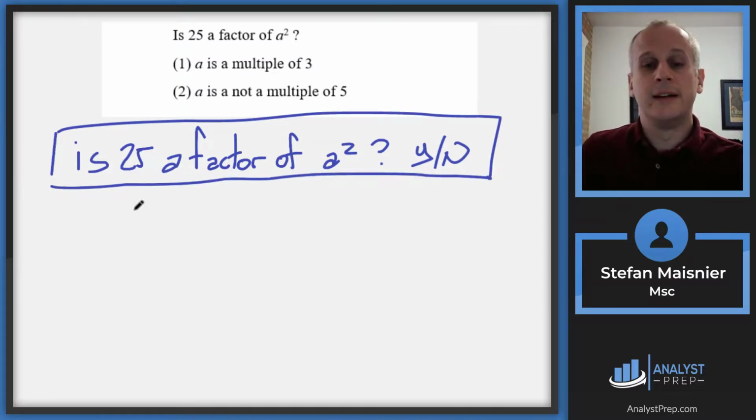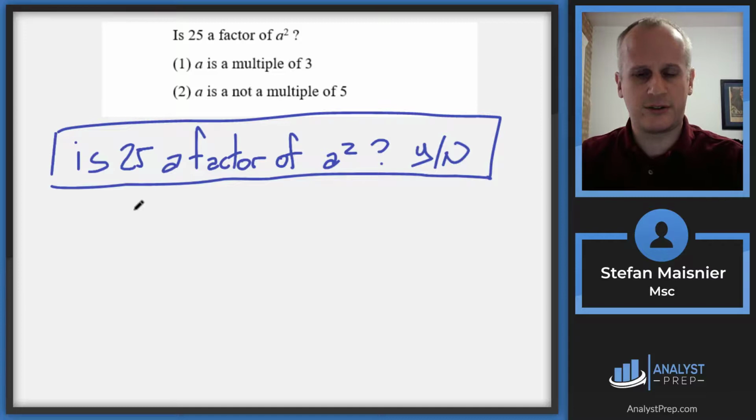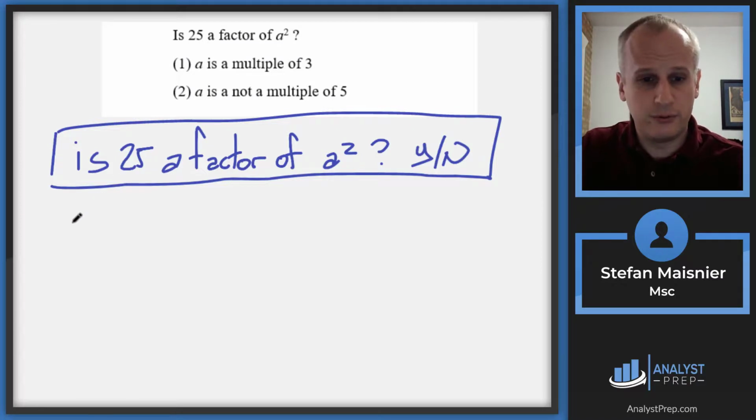So, since we're talking about a squared, and we want to know, is 25 a factor of a squared, we really just have to break this down to what a requires as a factor. So, in order for 25 to be a factor of a squared, we're looking at 25 being equal to 5 squared.